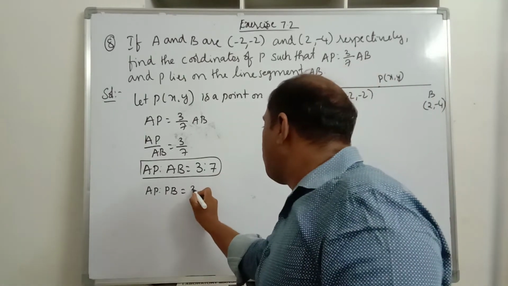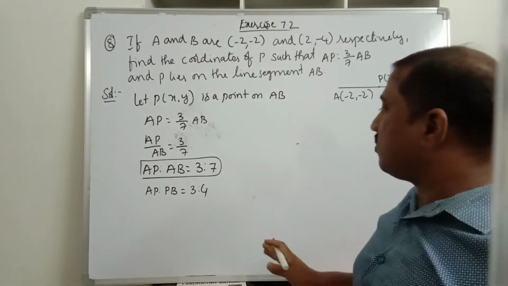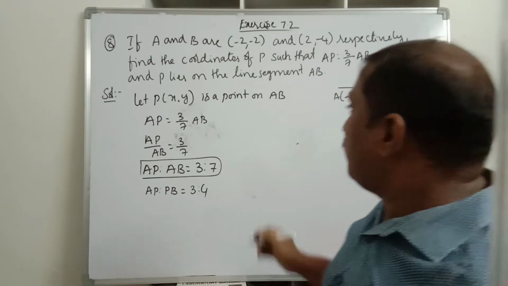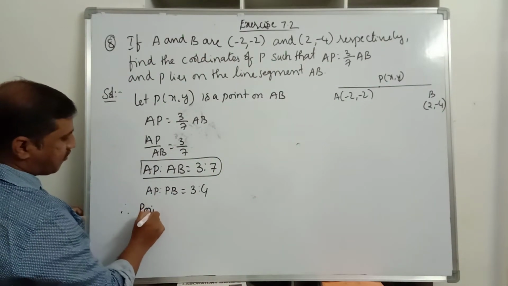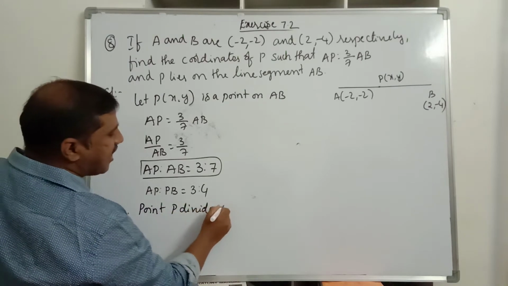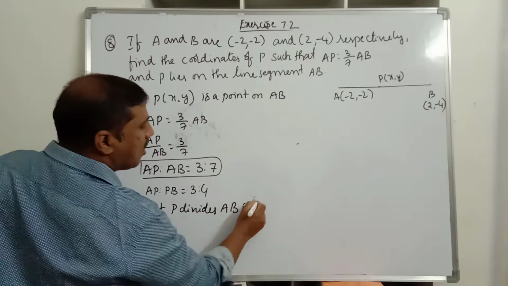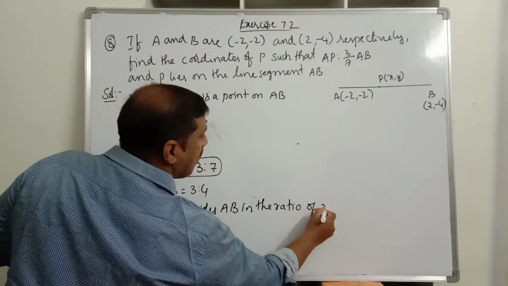Therefore this ratio will be 3 is to 4. AP is to PB equals 3 is to 4. Therefore, point P divides AB in the ratio 3 is to 4.